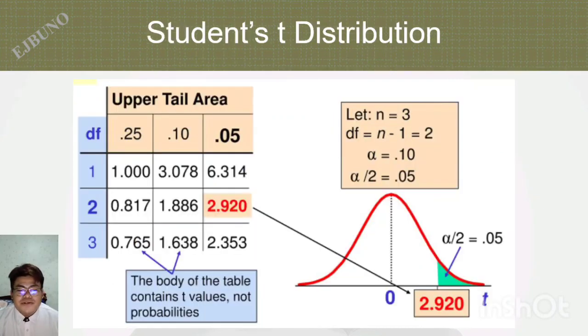Student's t distribution. Let n be equal to 3. Degrees of freedom, n minus 1, is equal to 2. Alpha is equal to 0.10. Alpha over 2 is equal to 0.05. As you can see, we have 2.92 from the upper tail area of alpha over 2, which is 0.05.